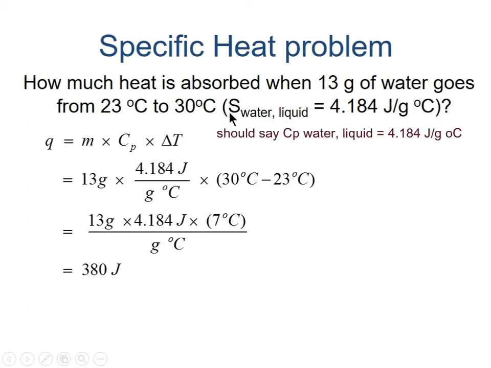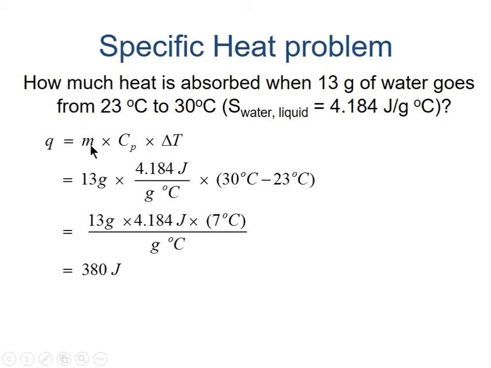Some variables use S, and I was converting over from the last book and I missed this one. So the specific heat, which should be CP of water in its liquid state, is 4.184 joules per gram degree Celsius. Not only does the specific heat change per substance, it's also different for different states of that substance. And we'll generally be dealing with liquids in our problems, but it doesn't have to be.